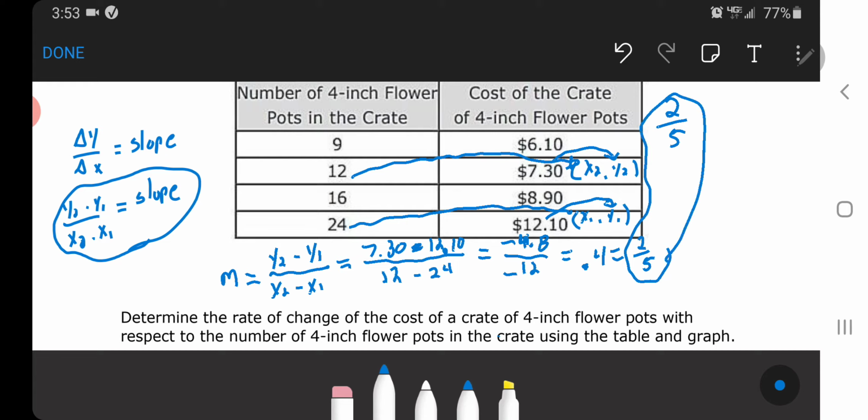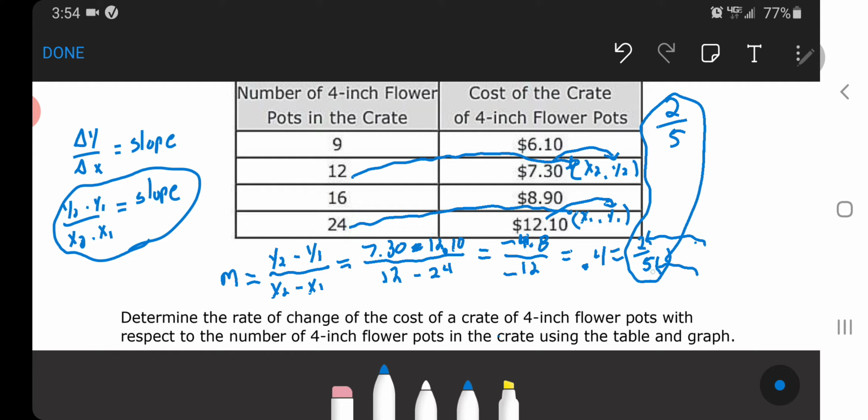So my rate of change, if I express it correctly, would be, well, let's think about this real quick. The top number here is representing my rise, and this one's representing my run, or my 4-inch flower pots, while the top is representing the cost.